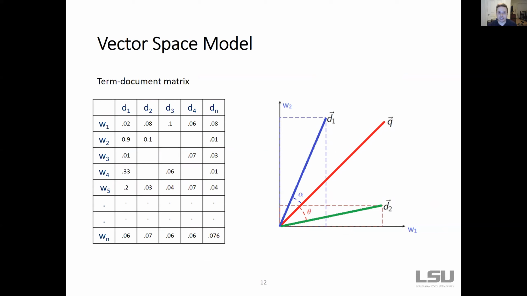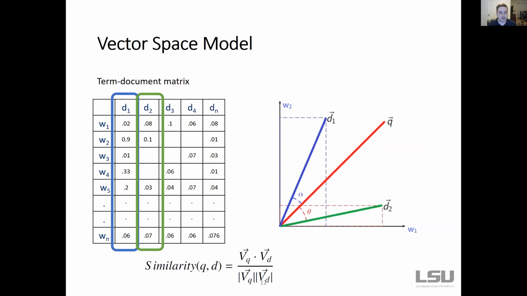The table entry is mainly the frequency of the word in that document, or maybe the TF-IDF score of the word. The distance between two documents, D1 and D2, is basically their cosine distance, or the cosine angle between their vectors. The closer the two documents are, the closer their vectors are in the space.